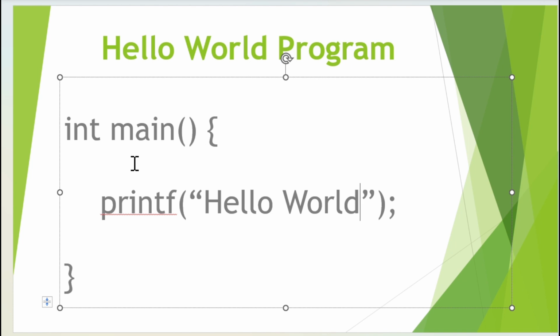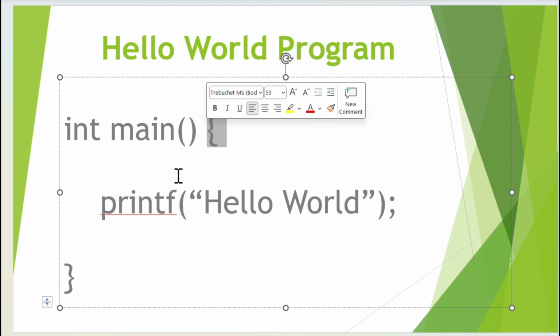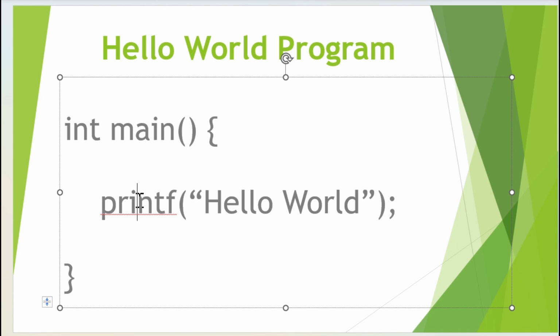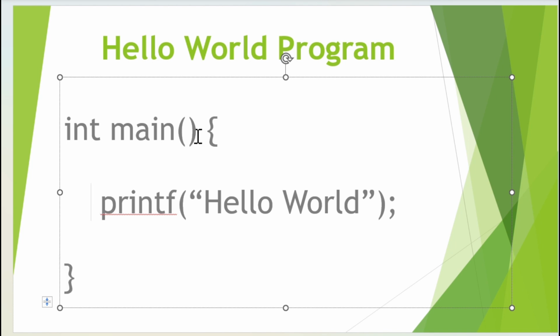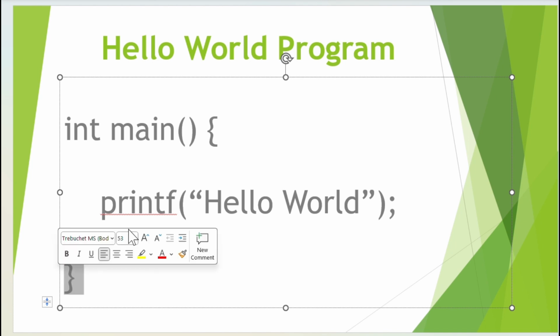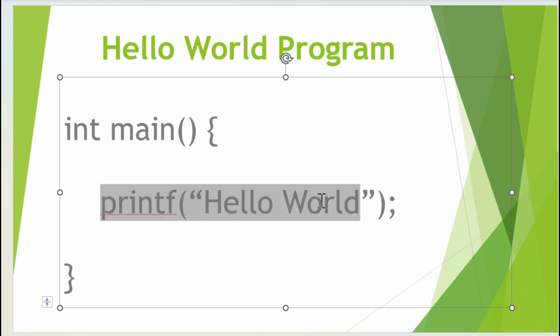Whatever we have written inside the double quotes will be printed as it is. Every statement that we write inside these curly braces will end with a semicolon. We do not need a semicolon after main itself; only those statements which we write inside these curly braces end with a semicolon.